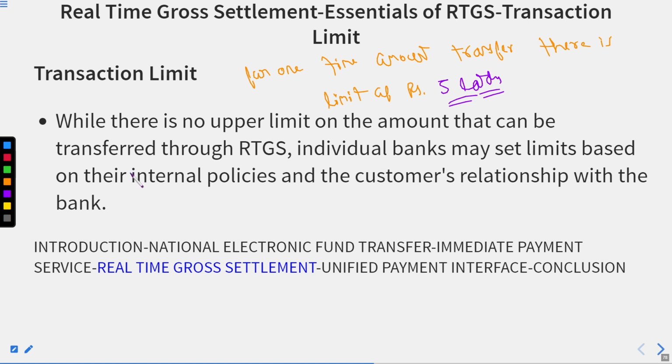Remember, there is no official amount limit, but for banks, for a one-time transaction, the maximum limit is rupees 5 lakhs and the minimum limit is 2 lakhs. So keep this in your mind.